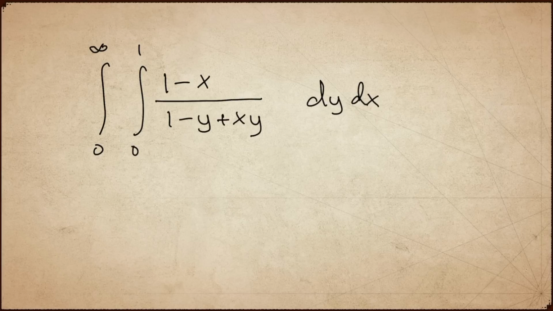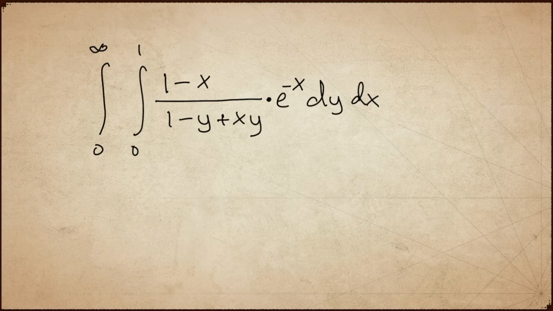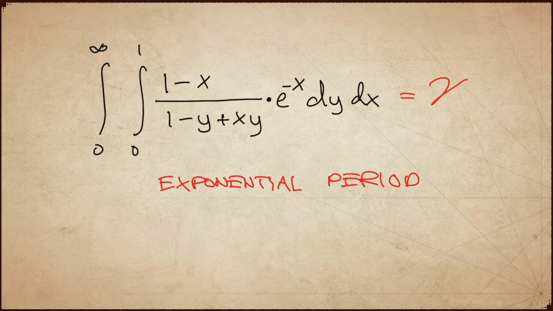Here, if I throw in a factor e to the minus x, that's no longer a rational expression. But this integral now is equal to the Euler-Mascheroni constant. Here, it's a rational expression times e to some other rational expression, and these more general numbers are called exponential periods.